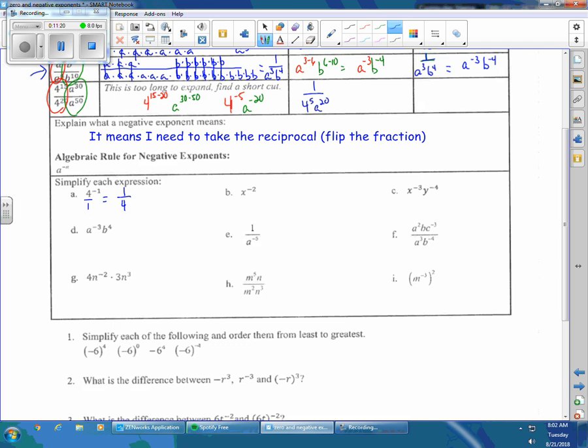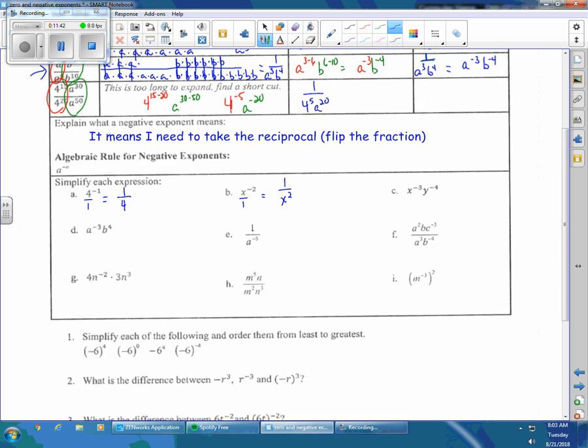Why don't you pause the video and see if you can get B done by yourself? Okay, B. Again, I put it over 1 to start just so I could visually see that I'm actually flipping that flat fraction over.